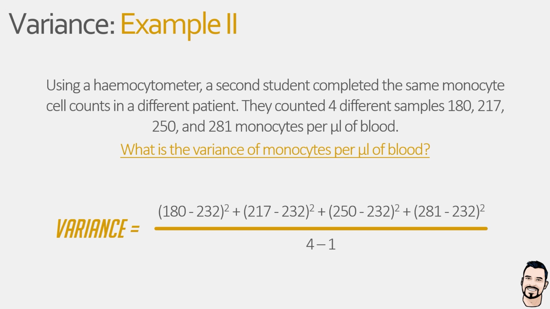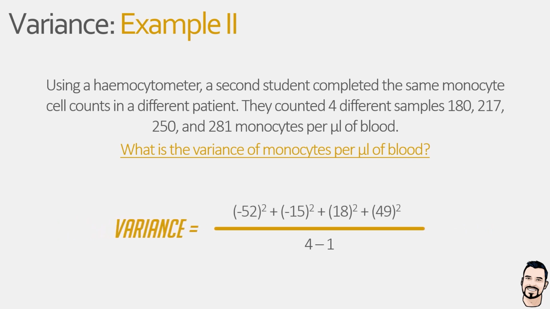Now again, to make things easier, we can start simplifying this equation by calculating everything in the brackets on the top line of the equation, which can then be simplified by squaring each of our values in the brackets. And as we talked about earlier, the squaring of values removes any negative values from our equation.